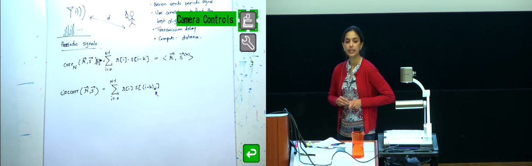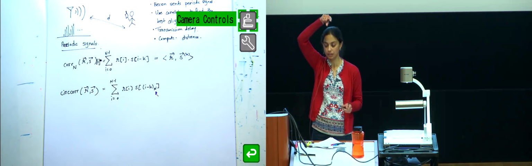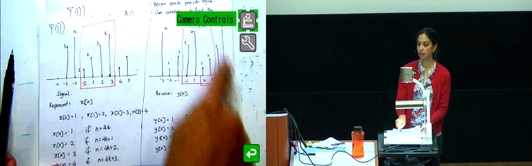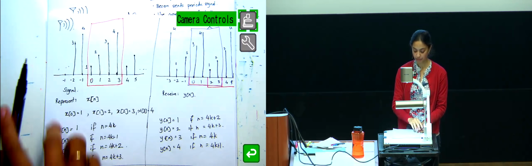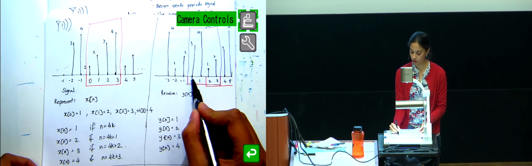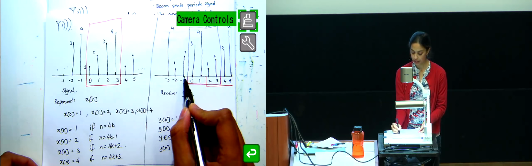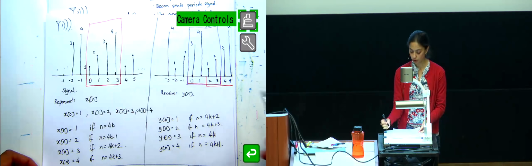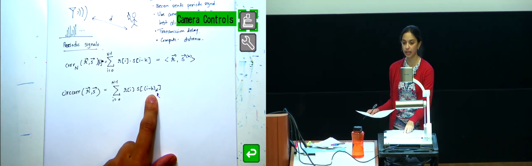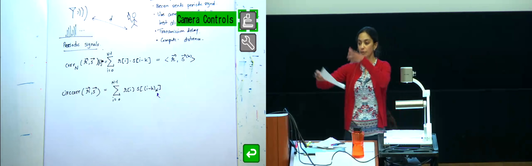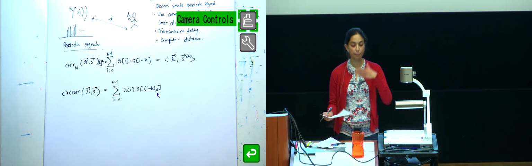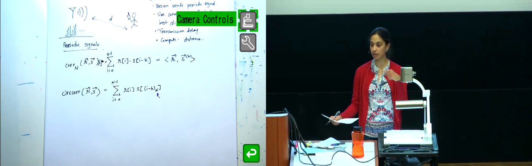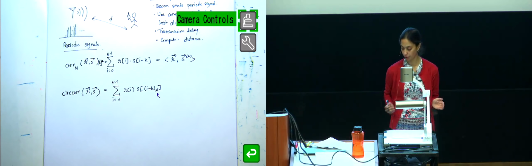This is saying that instead of thinking about this infinite repeating signal, you can just loop things back. So remember, this is the picture we had last time. Remember here that y of 0 is equal to y of 4 is equal to y of 8 is equal to y of minus 4, and so on and so forth. So let's say my i minus k gives me a number that goes outside of my period. I can just map it back into something that is within my period. And that's what this circular mapping operation is doing.